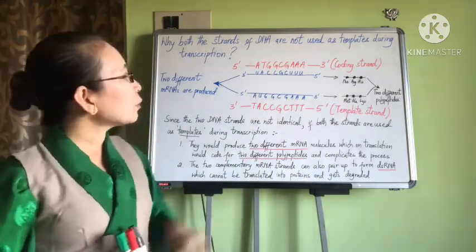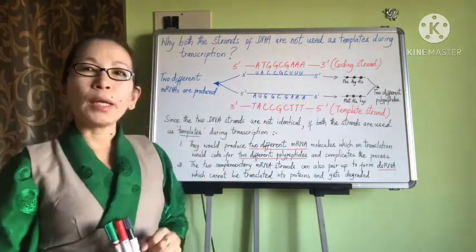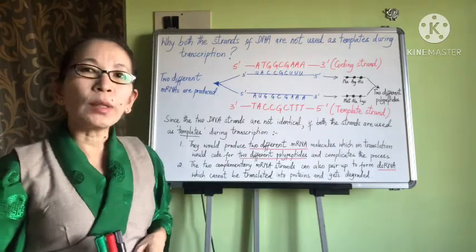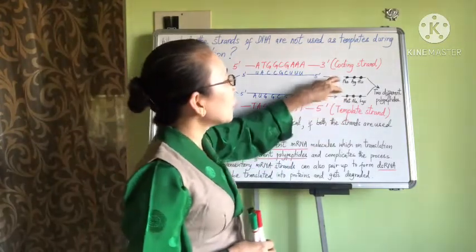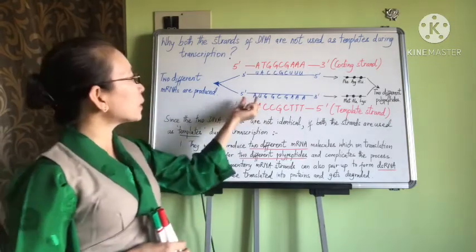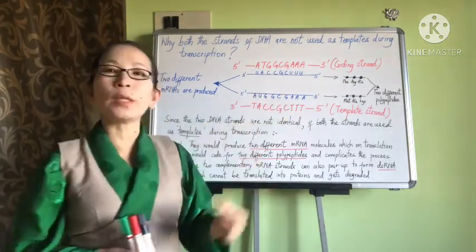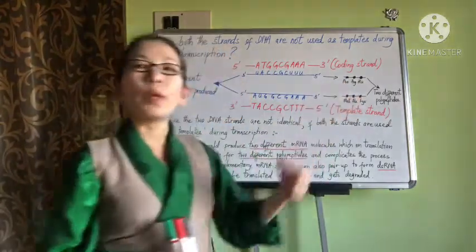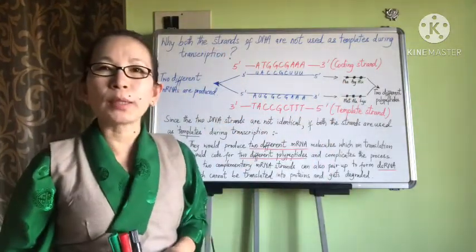And not only that, if these two different mRNAs are to be proceeding into translation, then they are going to be producing two different polypeptides. Since the sequence of the nucleotides is different in the mRNA, it would result in a different sequence of amino acids in the polypeptides.